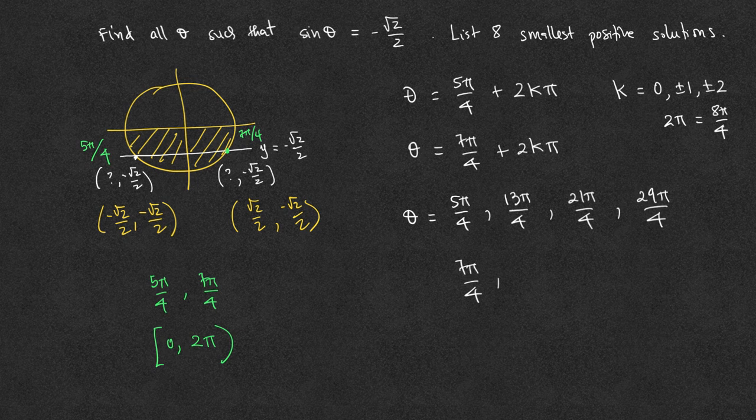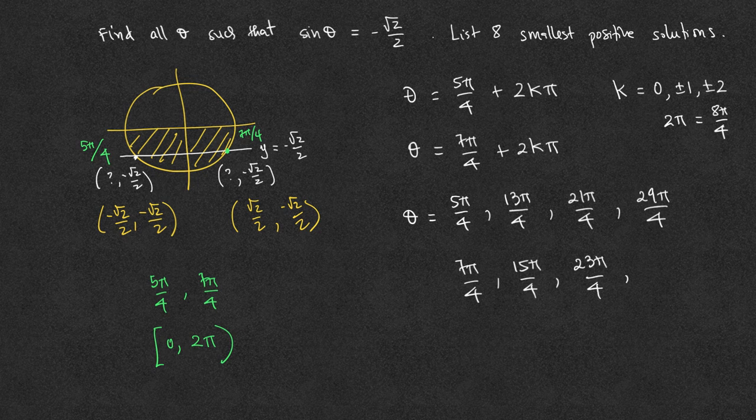We can do the same thing with 7 pi over 4 by adding 2 pi, which is 8 pi over 4, each time when k equals 1, k equals 2, and so on. 7 pi over 4 plus 2 pi is 15 pi over 4. 15 pi over 4 plus another 2 pi, which is 8 pi over 4, gives 23 pi over 4.